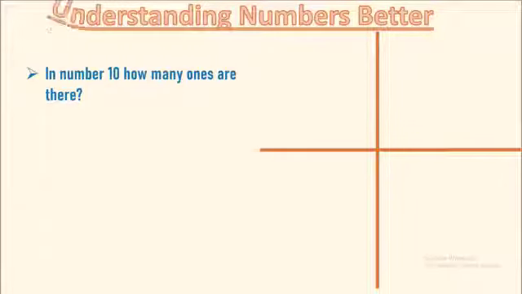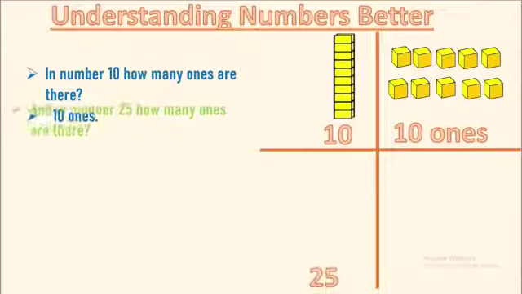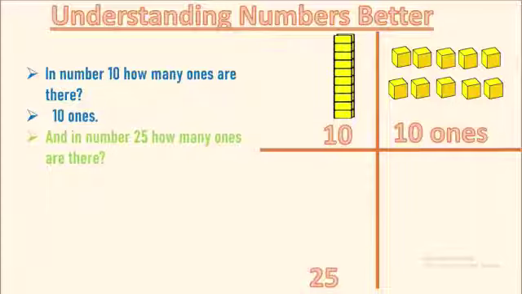So let's start understanding numbers better. Can you tell me how many ones are there in number 10? Yes, you can see in number 10 there are 10 ones. And can you tell me how many ones are there in number 25?